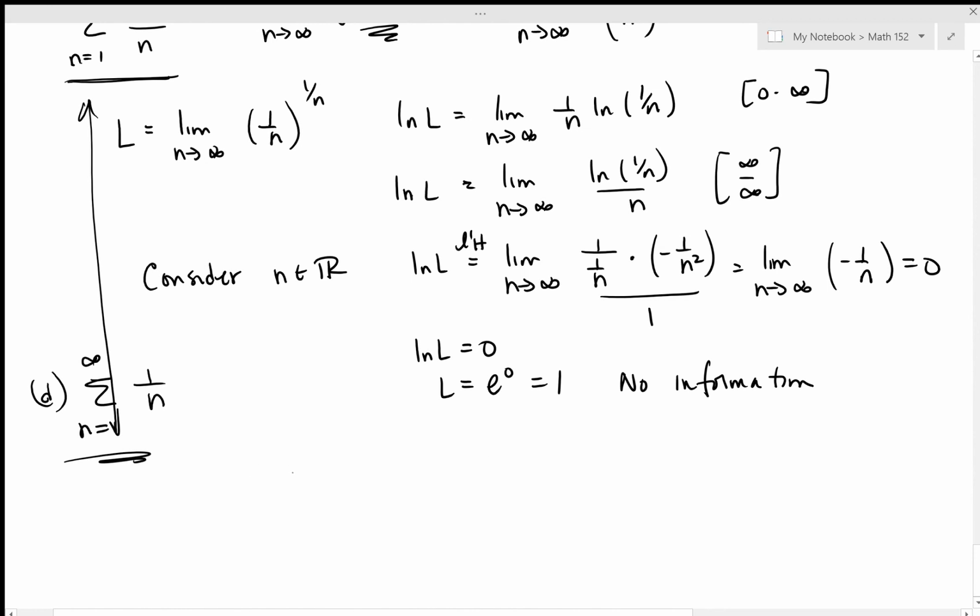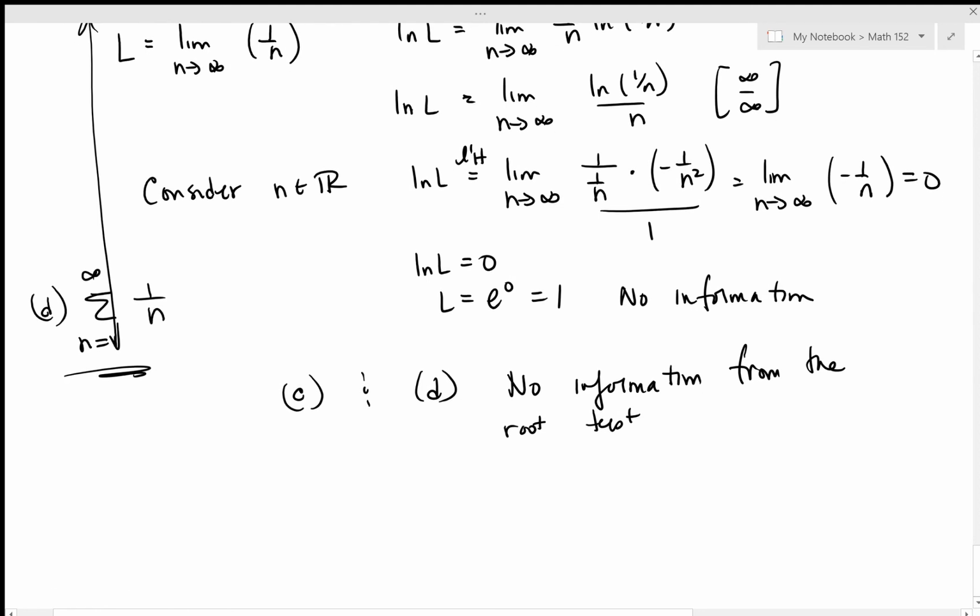I'm just going to make this really clear. C and D, no information from the root test. Okay, and just to reiterate, I know I'm a little bit of a broken record on this, but for C, we already know that the alternating harmonic series converges.